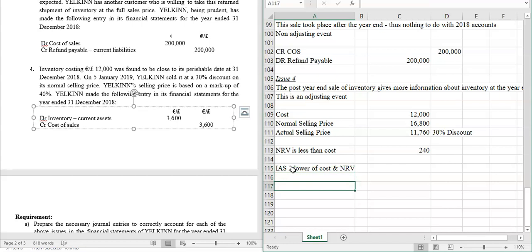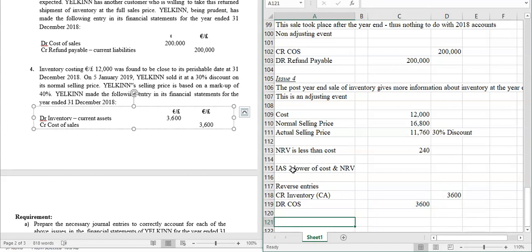You're going to reverse the entries, because they are clearly wrong. Credit inventory, current asset, debit cost of sales, 3,600. The cleanest thing is always to just reverse the entry if you're ever in doubt.